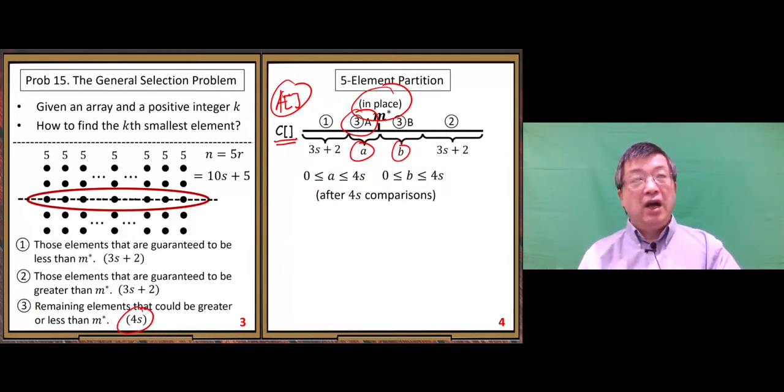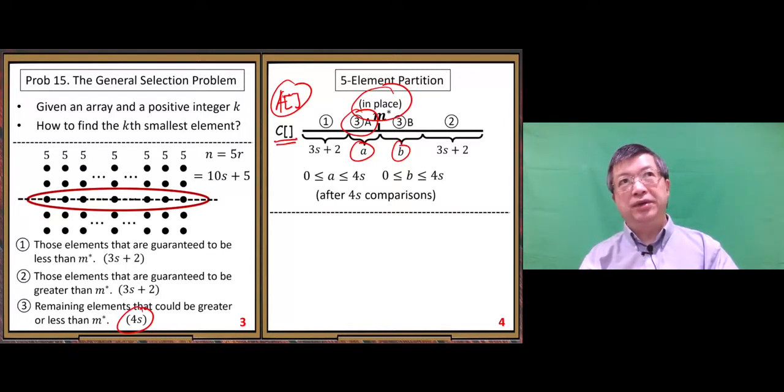After that, we can derive the recursive inequality the same way as we did for the 3-element partition. Here, I do not need to go through it step by step. I just give you the formula and explain a little bit.